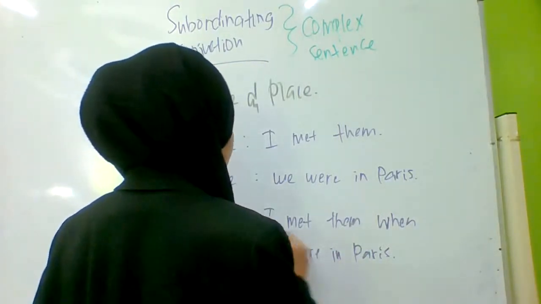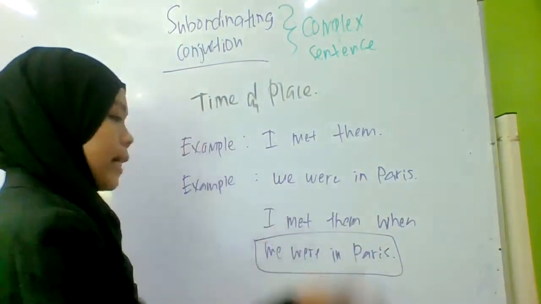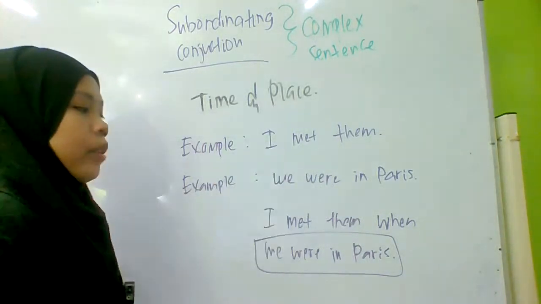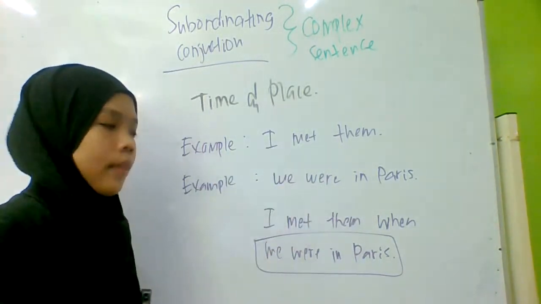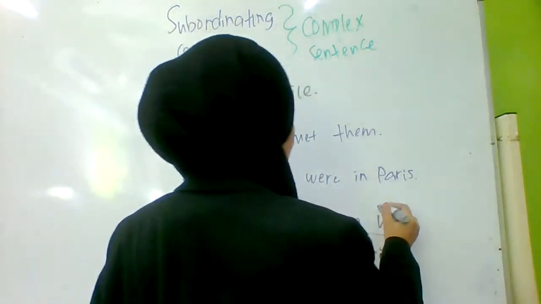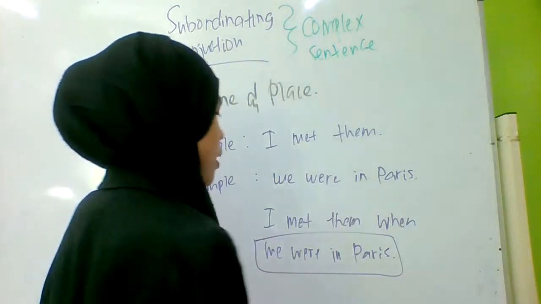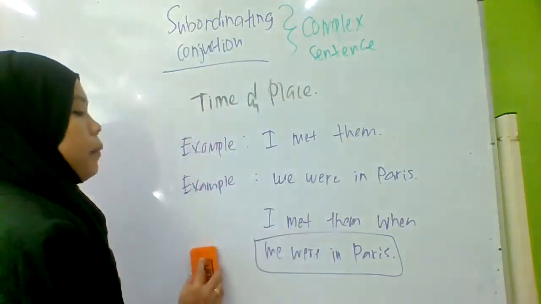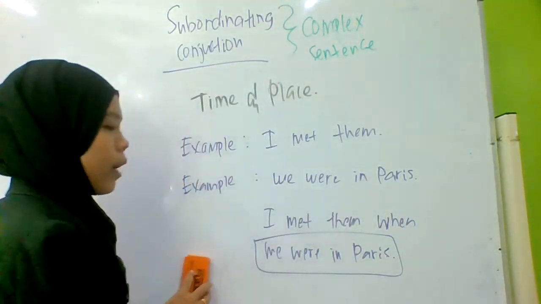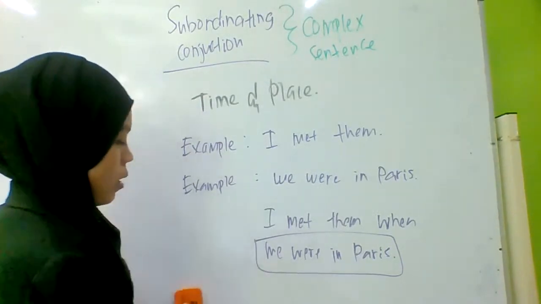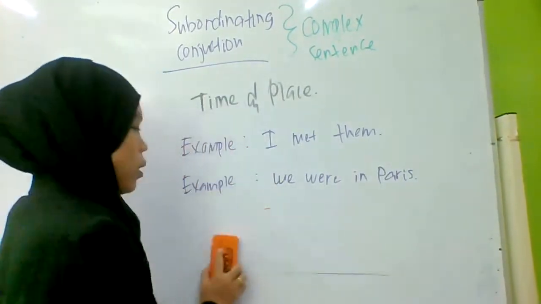That means you met them before you went to Paris. You already saw them. Or we can use before, after, as long as the function is about time. If you want to mention time, then you may use it.